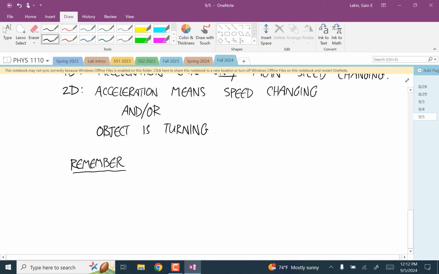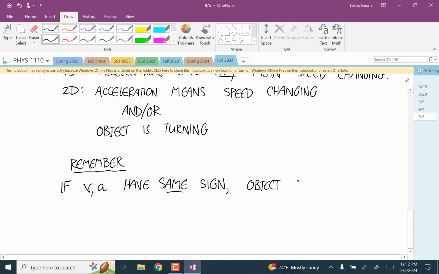So I want you to remember this. If the velocity and acceleration have the same sign, then the object is speeding up.